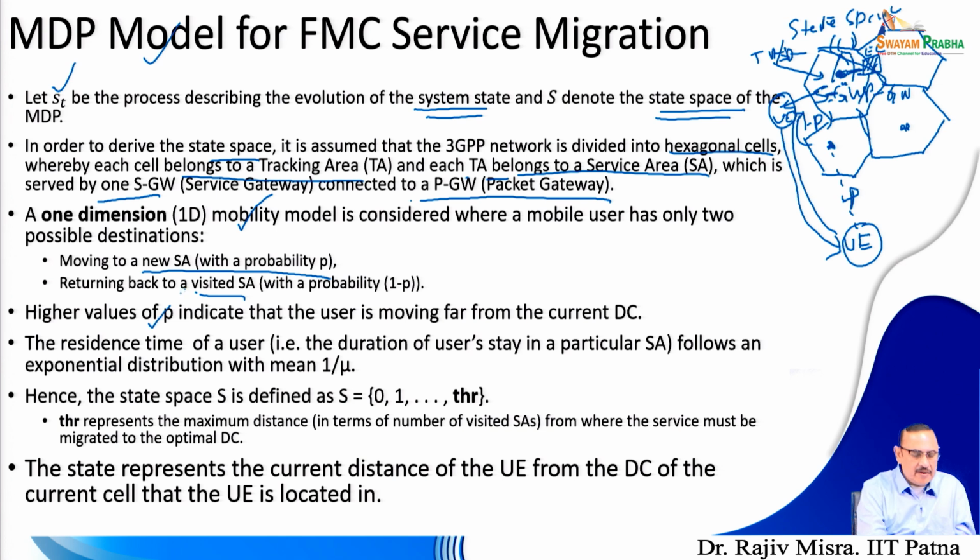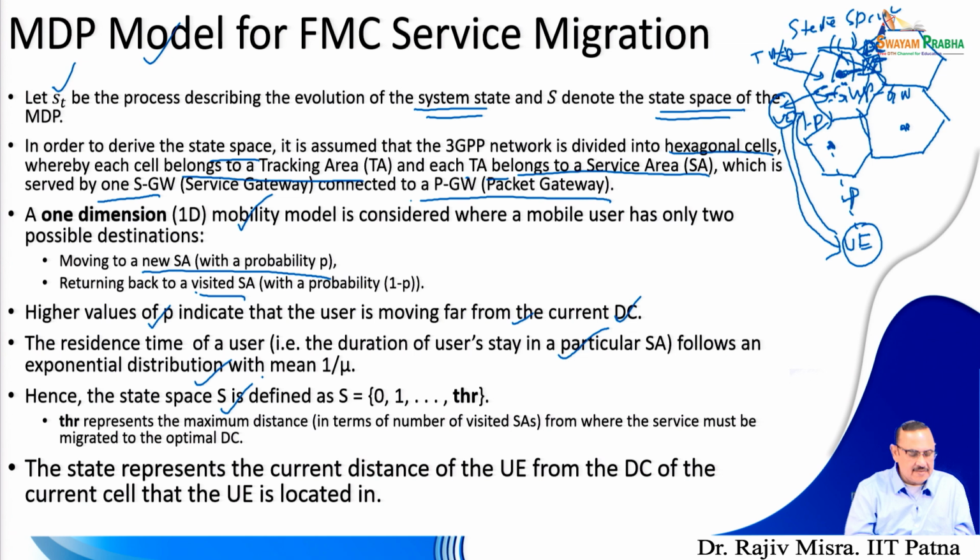Higher values of p indicate that the user is moving far from the current data center. Here there is a data center, DC, through which the user is served. The residence time of the user, that is the duration of the user's stay in a particular service area, follows an exponential distribution with mean 1 upon mu.